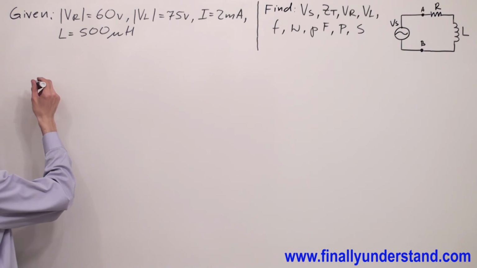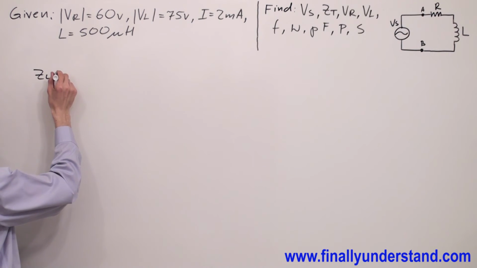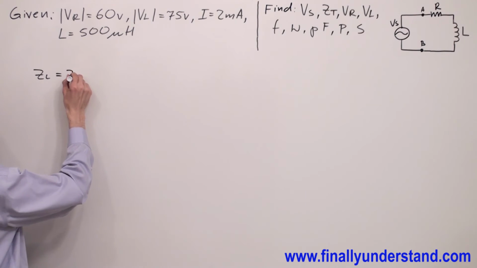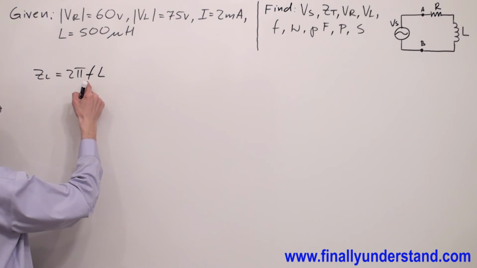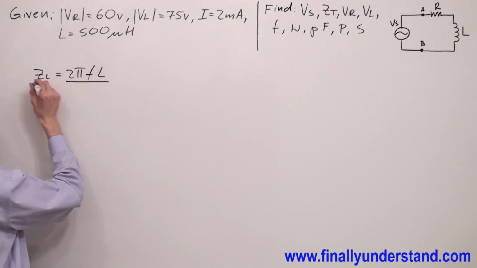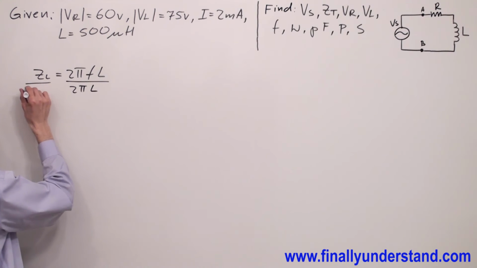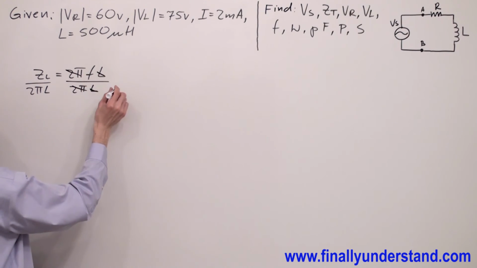So I'm supposed to use the formula for the impedance of the inductor. ZL is equal to 2 pi FL. In order to find F, I'm supposed to divide both sides of my formula by 2 pi L. 2 pi L cancel out.